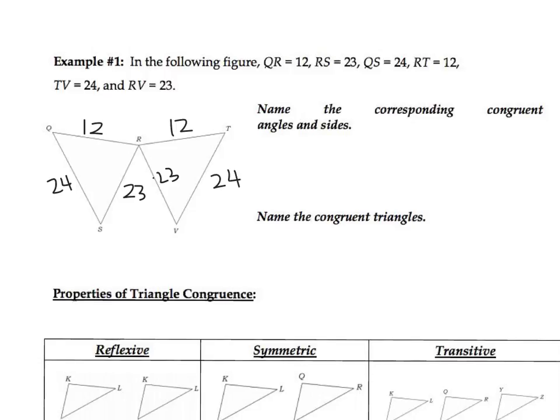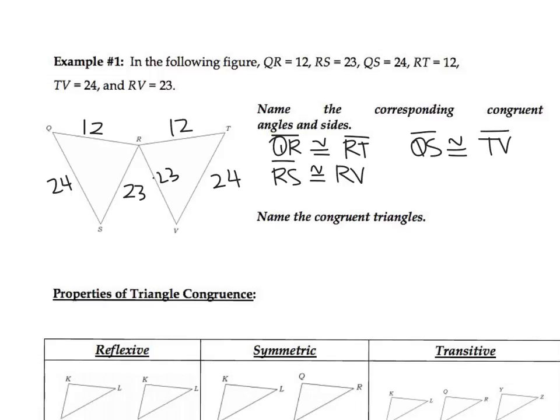It's going to be easier to start with our congruent sides since those were all the lengths we're given. We know that QR is congruent to RT. We know that RS is congruent to RV, and we know that QS is congruent to TV.